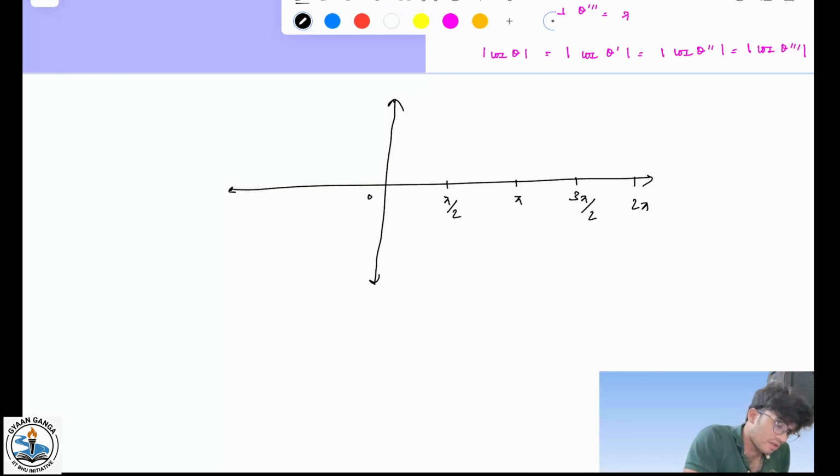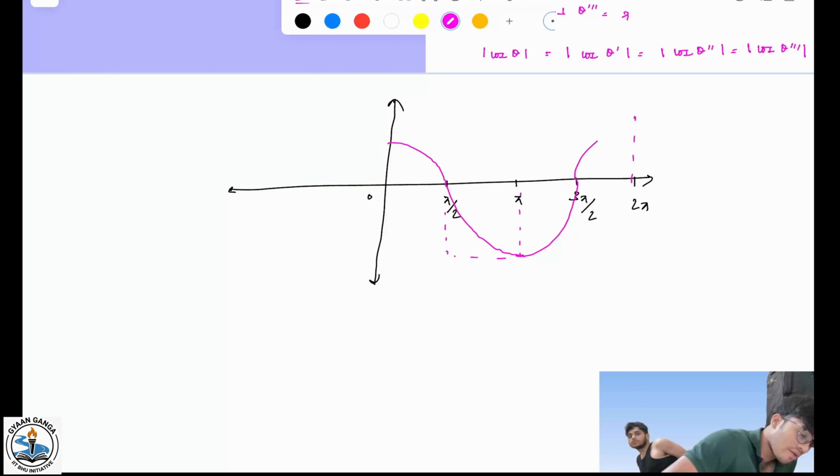You start off with 0 to pi by 2, which we have already seen. It is this half semicircle. From pi by 2 to pi, you have this. From pi to 3 pi by 2, you further get this, and in the last part you have something of this sort.